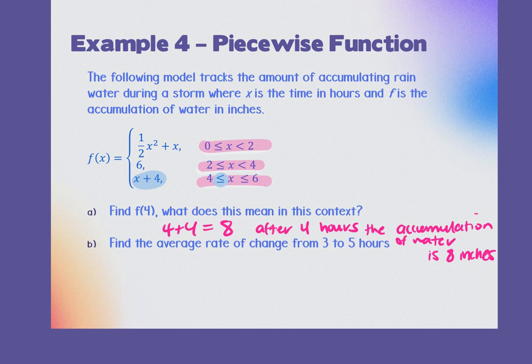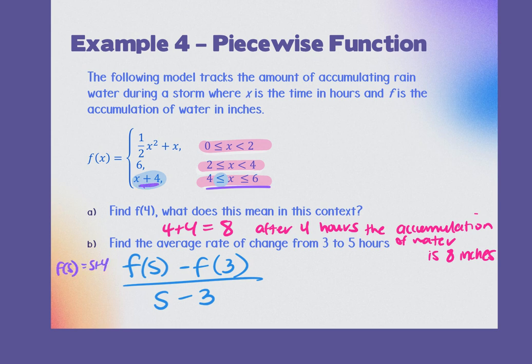Now B says find the average rate of change from 3 to 5. So I'm going to do f of 5 minus f of 3 over 5 minus 3. Remember, rate of change keeps coming. So 5 is in between 4 and 6, which means I use that model. F of 5 would be 5 plus 4, or 9.